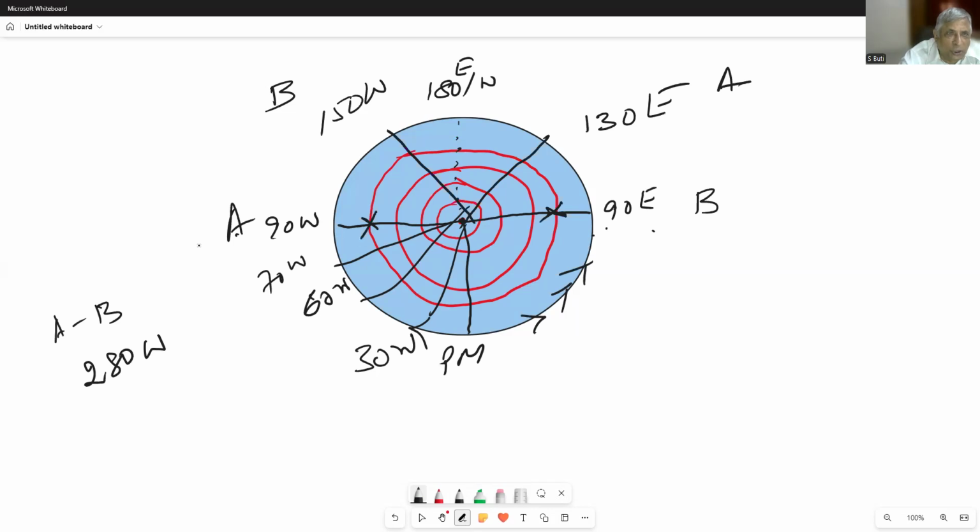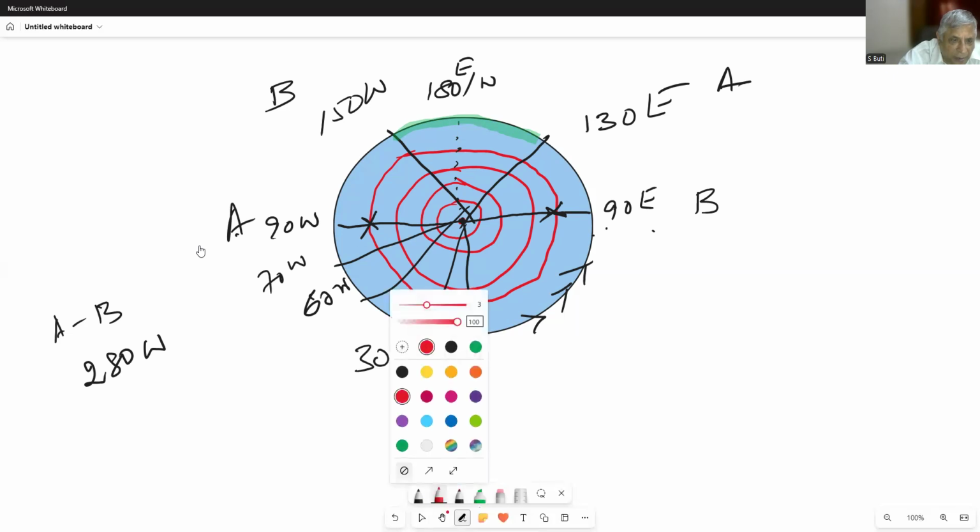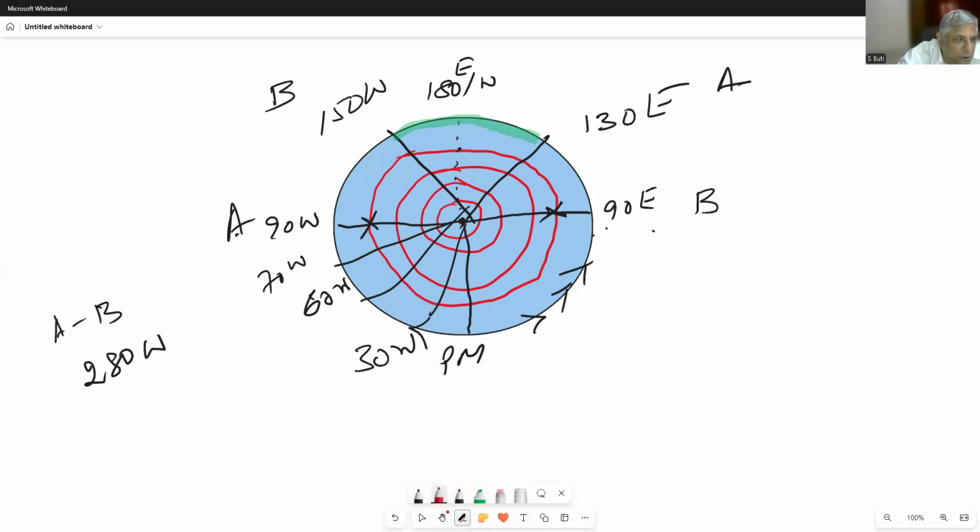Now, since it's more than 180 degrees, now we have to take a shorter arc, smaller arc to find out the change of longitude, and that will be this arc. That is 360 minus longitude of A plus longitude of B, and our answer is 80 degrees.